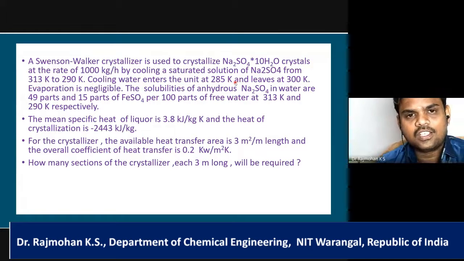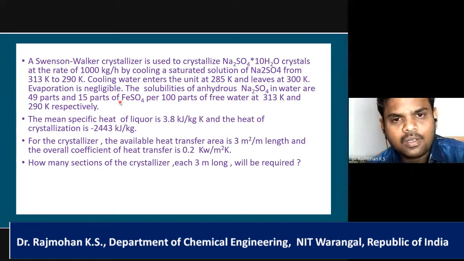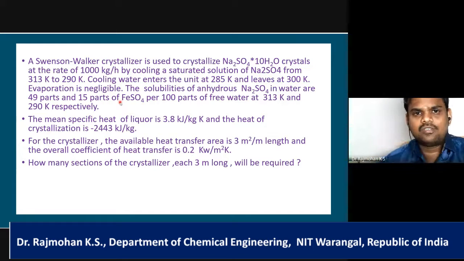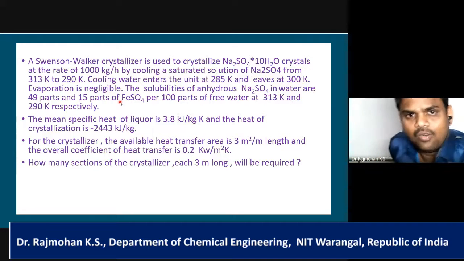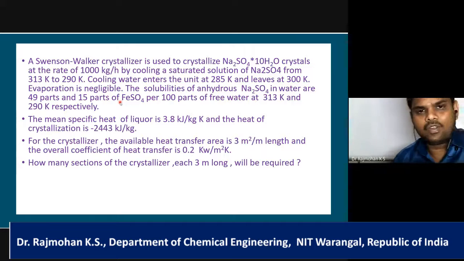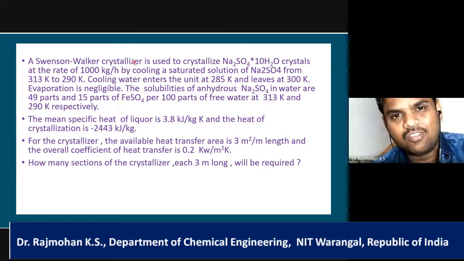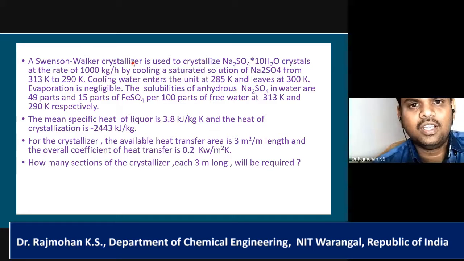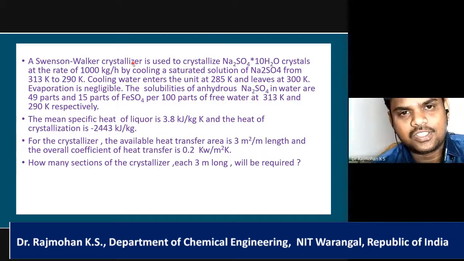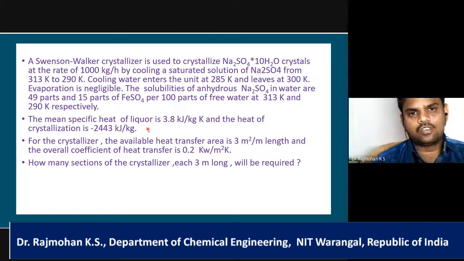Only thing you have to consider is whether it is co-current operation or counter current operation. Mostly counter current operation has some advantages, so that's why we will prefer to make use of counter current operation, or you can practice for both cases. We can calculate the final answer, because it's only in the final step that we will be making use of this delta T, where you will be finding the cross section area or overall heat transfer coefficient depending upon the required question.